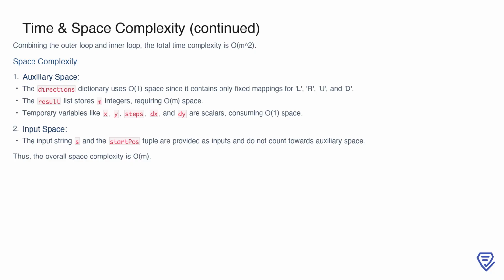Additionally, variables such as x, y, steps, dx, and dy are scalar values, meaning they consume only O(1) space. Importantly, the input s and the startPos tuple are provided as inputs and are not considered auxiliary space. Therefore, the overall space complexity of the algorithm is O(m), dominated by the storage of the result list.